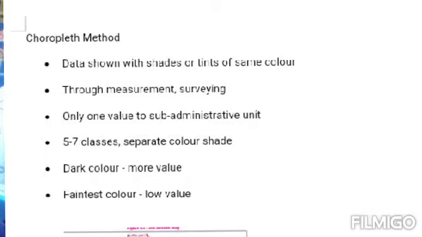There is only one value for the sub administrative unit, and to decide this value we should have the smallest and largest values of the data collected, right? And we are going to divide this data into how many classes? 5 to 7 classes, and for each class we are going to assign a tint of color. So that's it. It was about choropleth method.